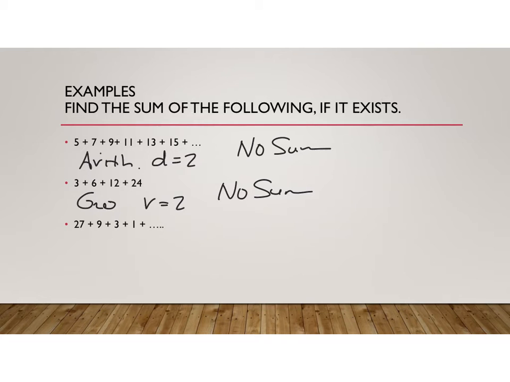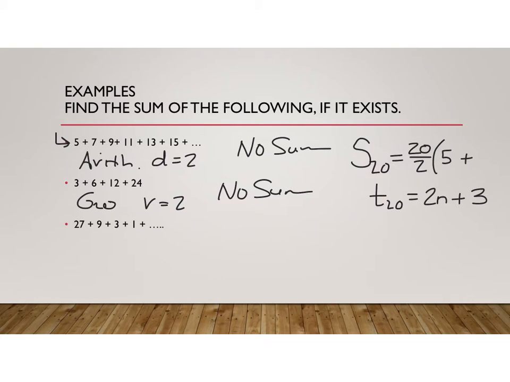Just as a review, some of you struggled with using the sum formulas before. In this first arithmetic series, if I would ask you to find the sum of the first 20 terms, it'd be n over 2, so 20 over 2, times the first term plus your last term. So we'd have to find the 20th term, and our formula would be 2n plus 3.